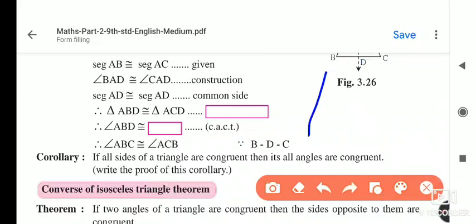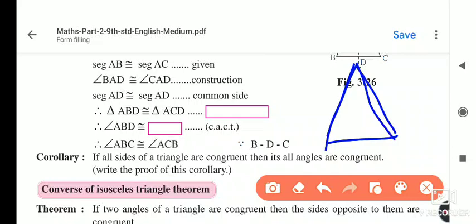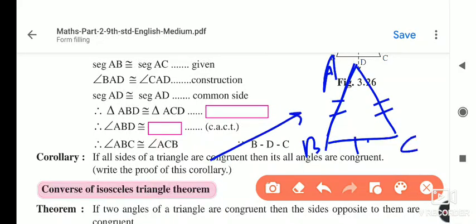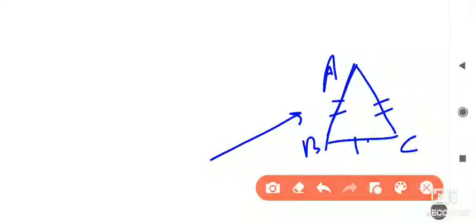If it is an equilateral triangle, it means all sides are equal to each other. Suppose triangle ABC is there. For this corollary, I will just give you some hints, and then you can write it by yourself.